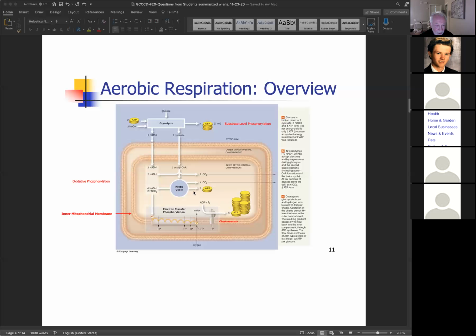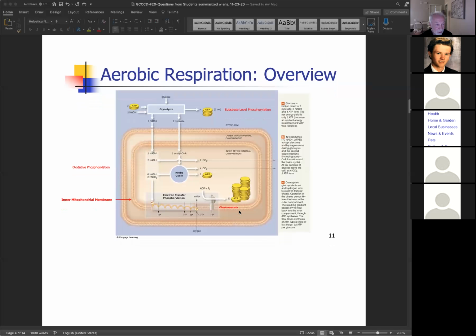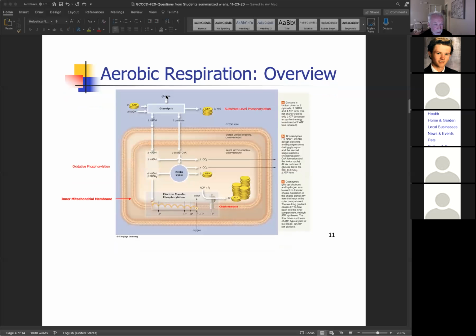The Krebs cycle has 2 substrate level phosphorylations to generate 2 molecules of ATP. It releases carbon dioxide. Respiration generates carbon dioxide. It takes up oxygen, which you see here. And the electron transport chain coupled to chemiosmosis generates 32 ATP molecules from one molecule of glucose at the start.